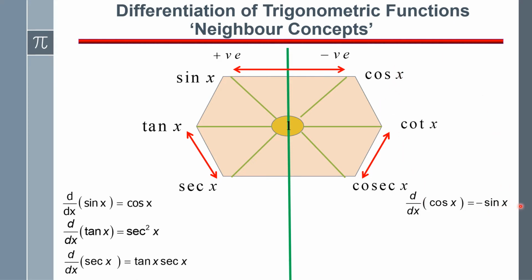And if we differentiate d/dx cot x, we get negative cosec squared x. Next, if we differentiate cosec x, we get negative cosec x cot x. However, we will learn only sin x, tangent x, and cos x.